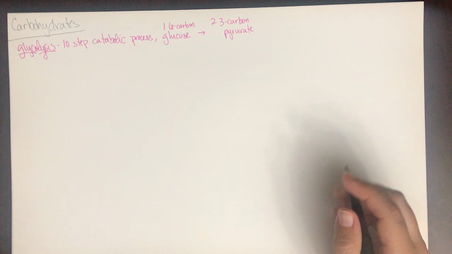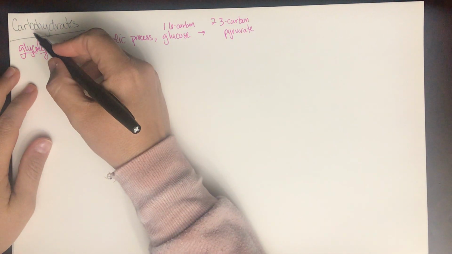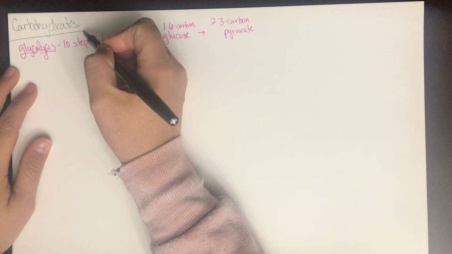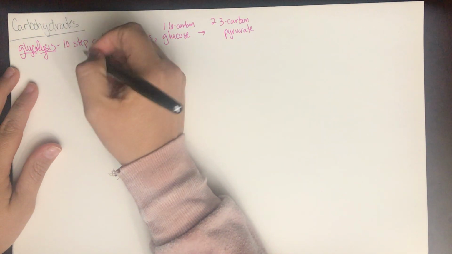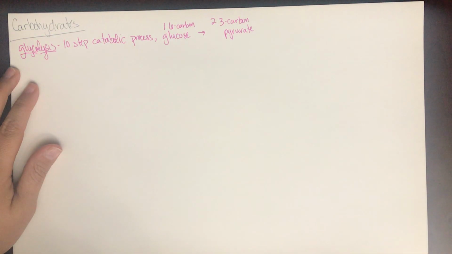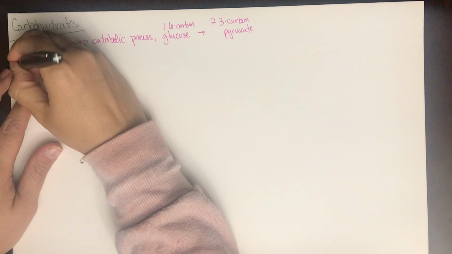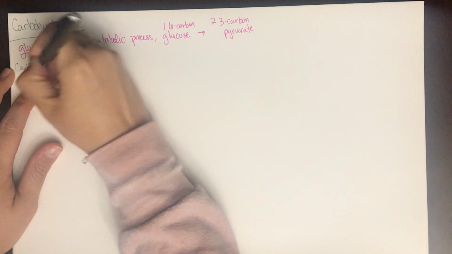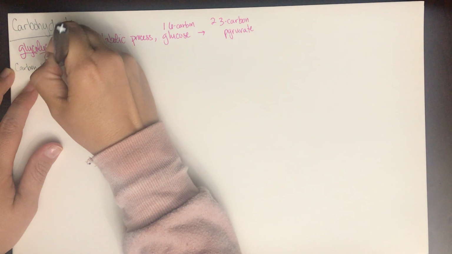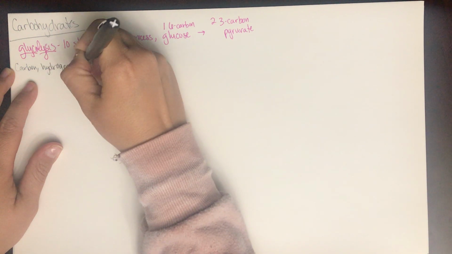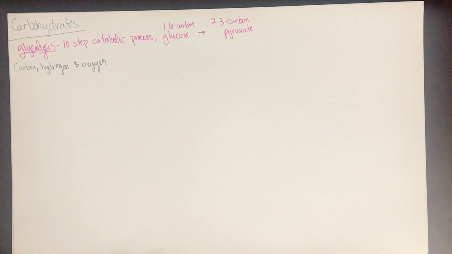So carbohydrates, just from the name, carbo means carbon, hydrate means water, which is hydrogen and oxygen. So carbohydrates are made up of carbon, hydrogen, and oxygen. And then there are different types of carbohydrates that can be modified to include nitrogens or phosphates or other groups like that.